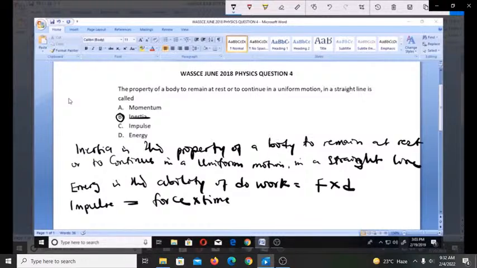That's force times time. That's what impulse is. And momentum, what is the meaning of momentum? Momentum is simply the product of mass and velocity. So you see that none of these three is this, but inertia is actually the definition of inertia. And that's why inertia is the right option for this problem.